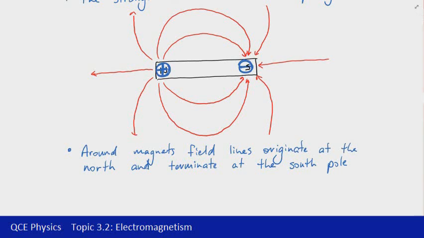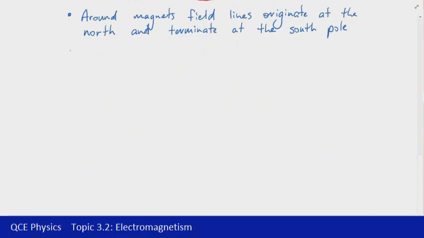Now the second thing that's important to note about magnets is that if we were to take that bar magnet that we've drawn above and split it into two, as I mentioned, we can't actually get a singular North Pole, neither can we get a singular South Pole. Instead what we'll see is that we'll end up forming two magnets.